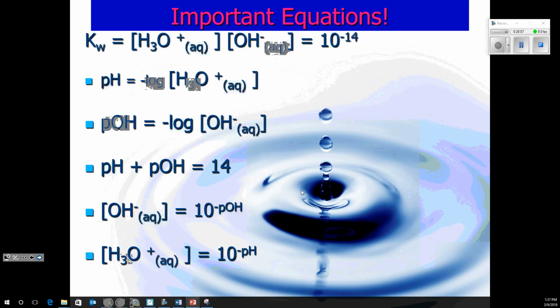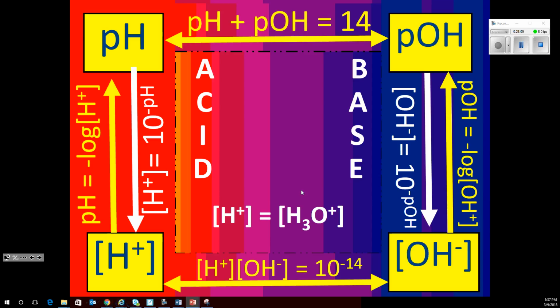Of course, it's not colored, but you can color it if you want to, and color code which way is what. You'll notice that it's got all the equations on it. That's why I said it would be a good thing to put on your 3x5 card for the test. When I refer to H+, I'm really referring to H3O+, which is a hydronium ion. It's just a shortcut to say that it's a hydronium ion.